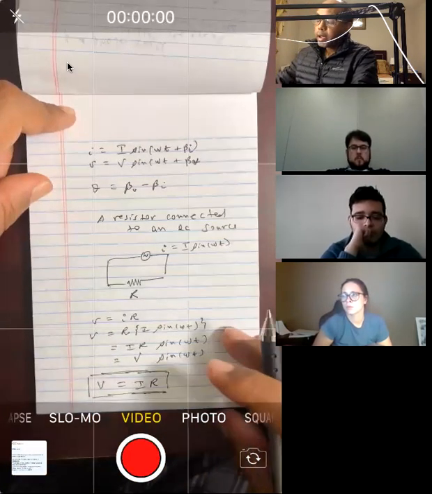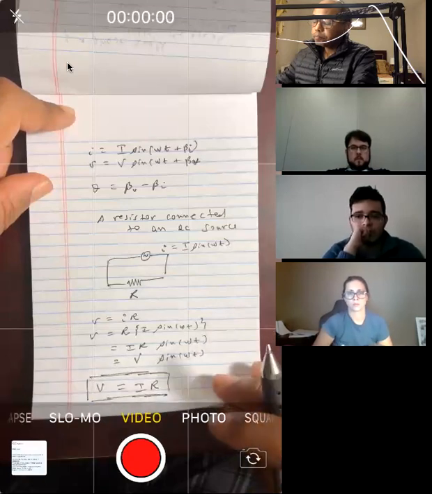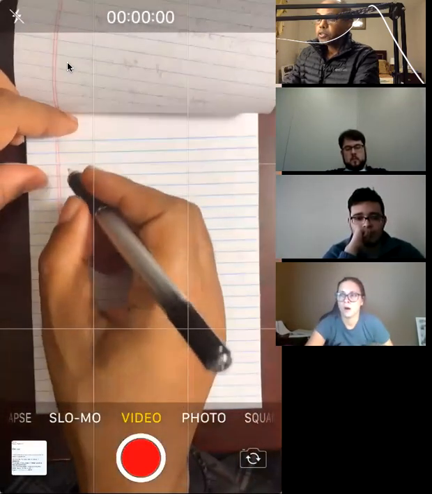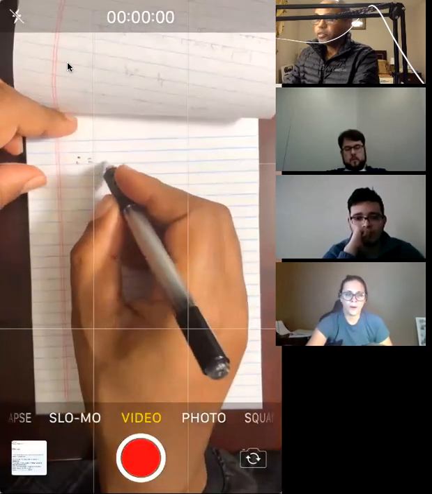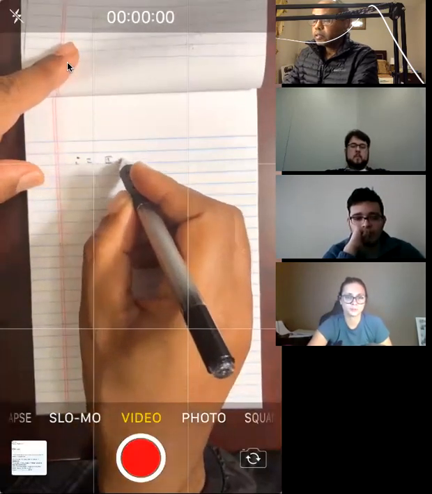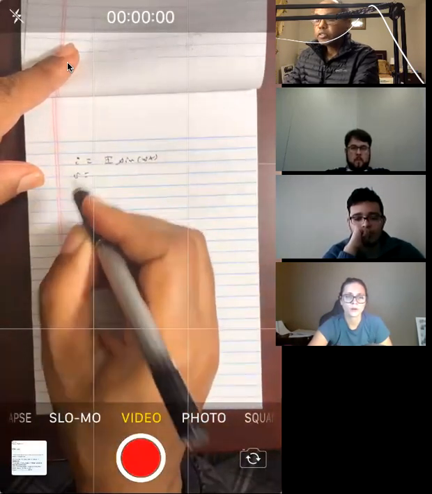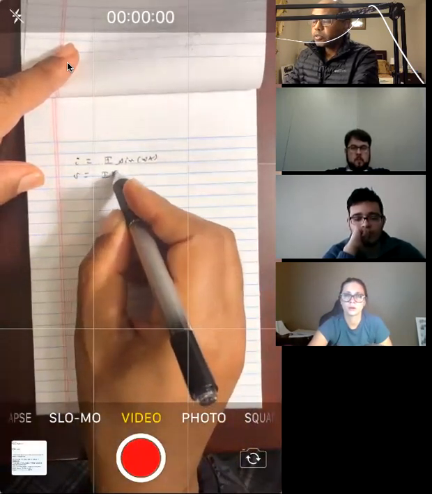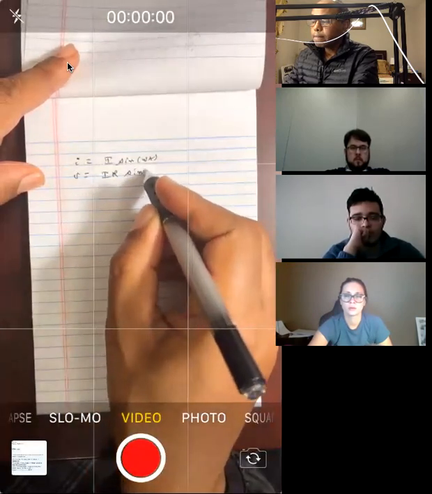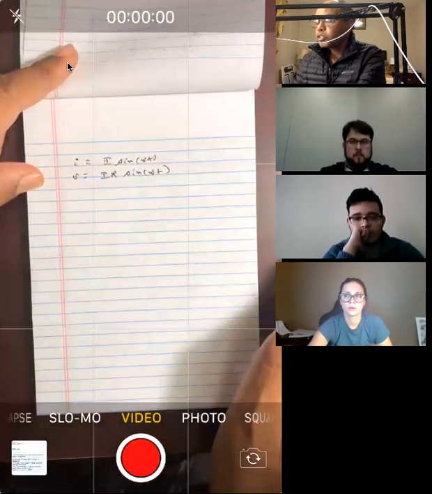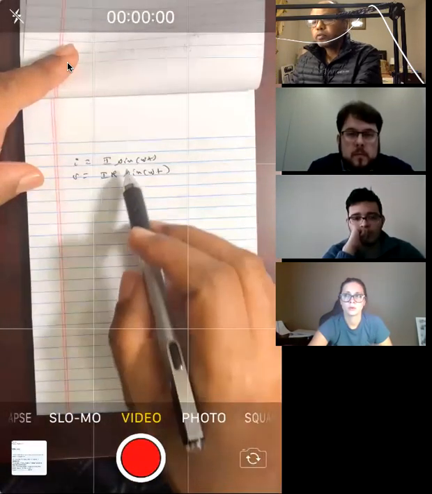Now let's look at the phase shift. We just found that the current is I times the sine of omega t, and the instantaneous voltage is current times resistance times sine omega t. So what do you think is the phase shift of voltage with respect to current for a resistor?